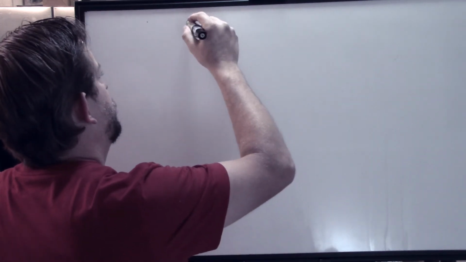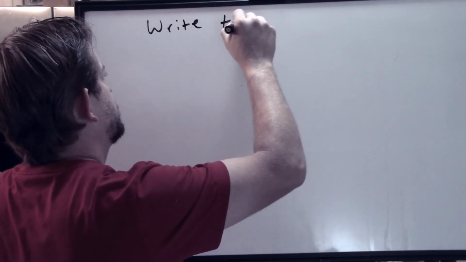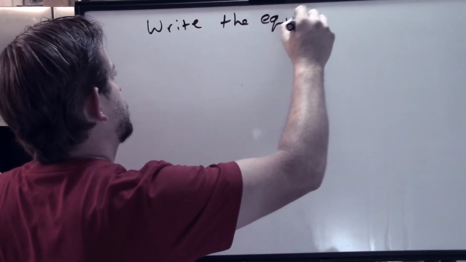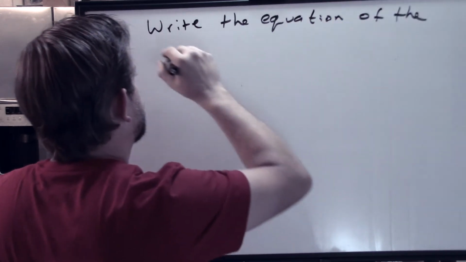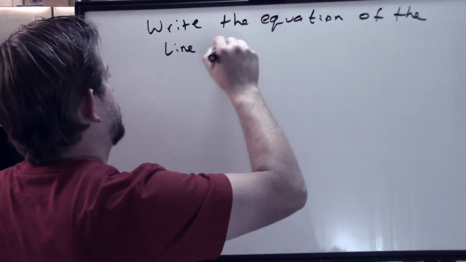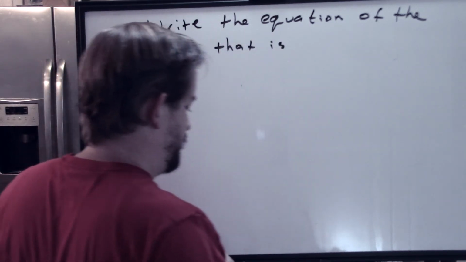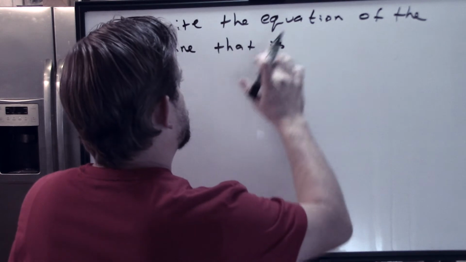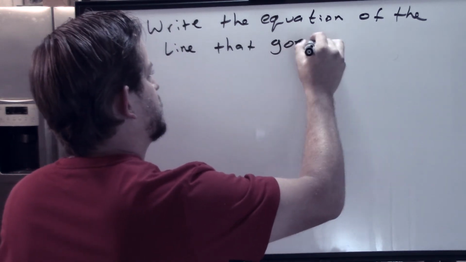So let's say that we want to write the equation. The question is this: write the equation of the line that is, in this case, parallel to... let me write this point first, it'll be easier to work with.